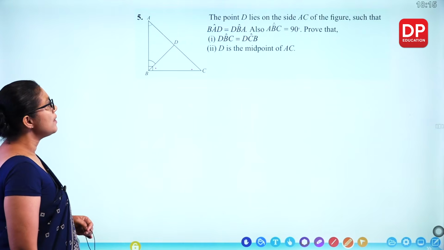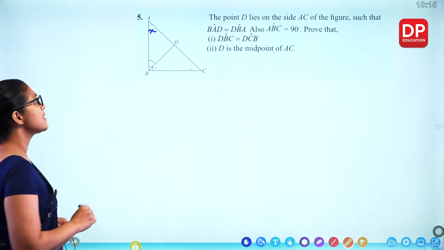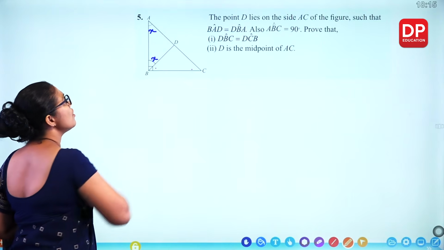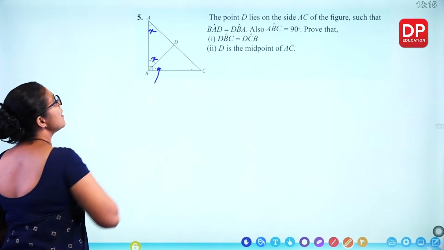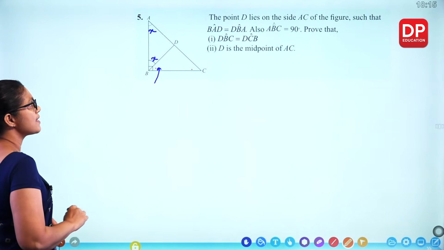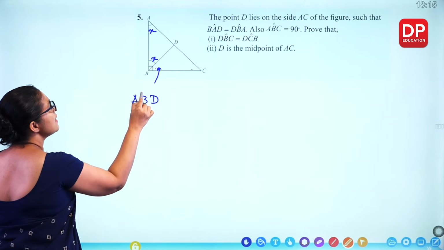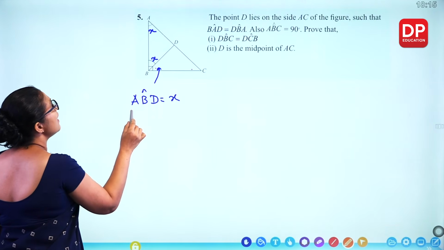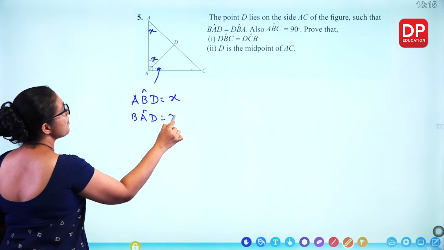So how can we prove that? We can use a letter. We'll take x as this, then this is also x. What about this angle then? This is equal to 90 minus x. So we can write ABD angle is x and BAD angle is x.